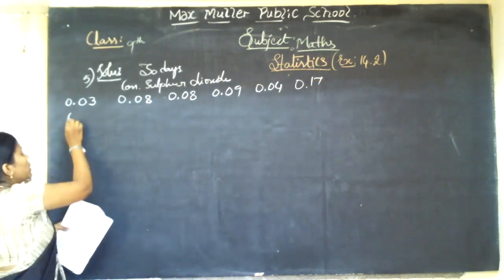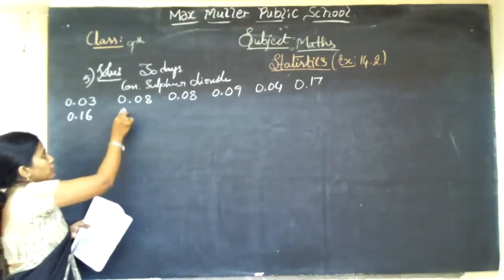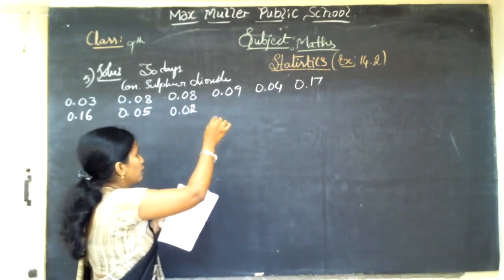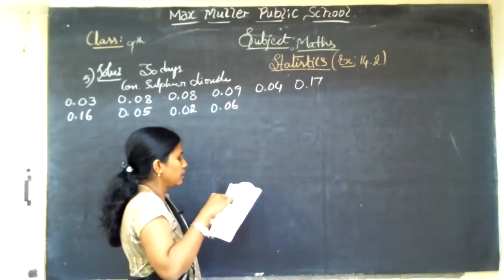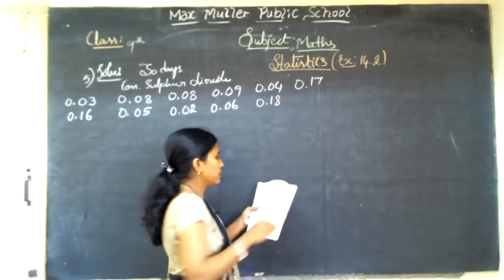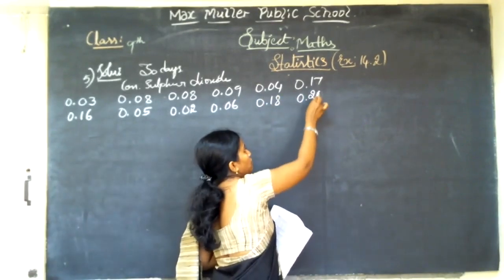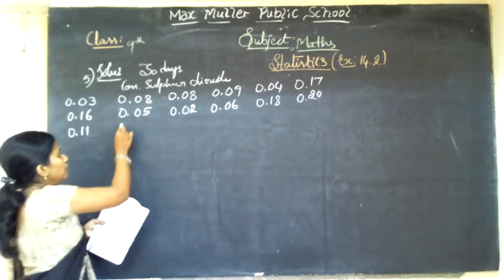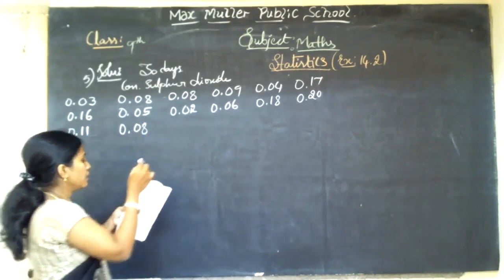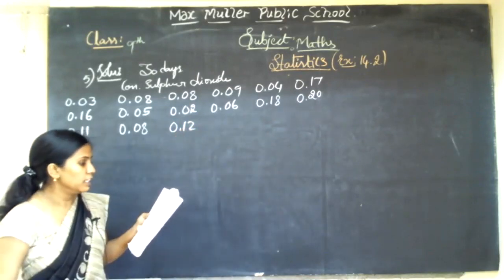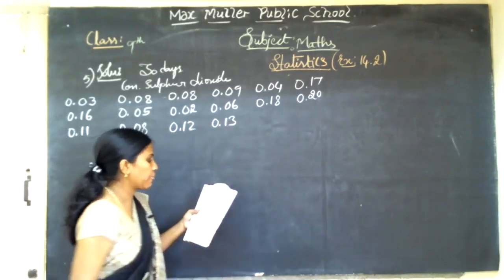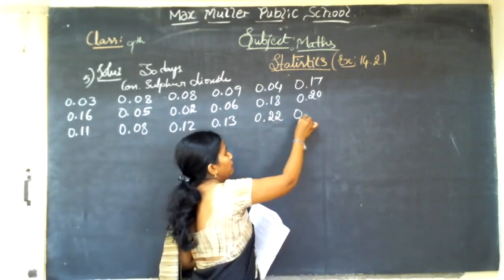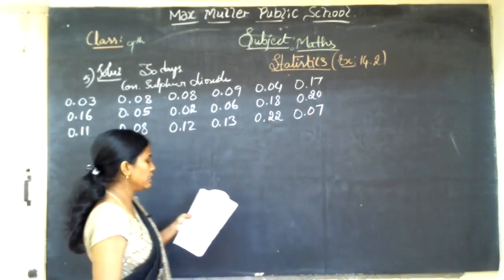The next row, 0.16, 0.05, 0.02, 0.06, 0.18, 0.20, 0.11, 0.8, 0.12, 0.13, 0.22, and then 0.07. This is for the third row.